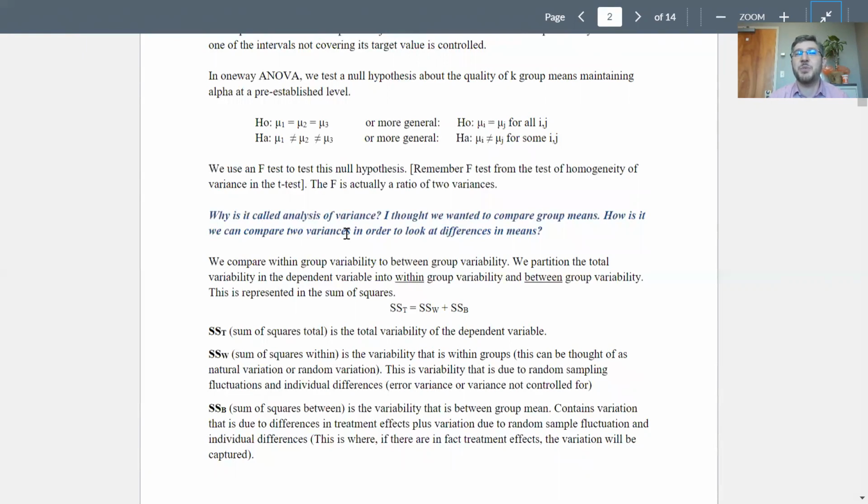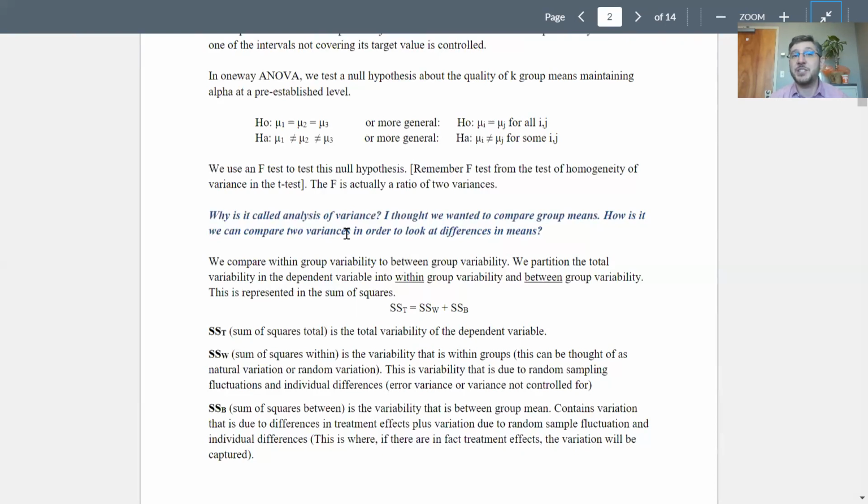Actually, what we're doing is decomposing the total variation in the outcome into variation that's due to differences between the groups and variability that's due to differences within the groups. We consider the within group variability to be error variability, or just variation that's due to random sampling fluctuations or individual differences.